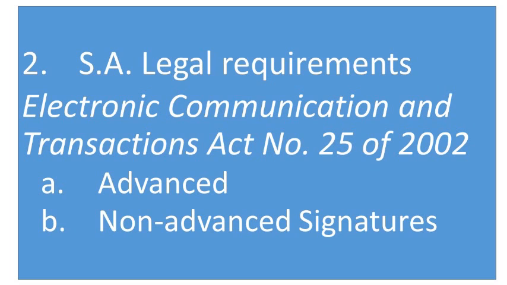The first one is the advanced signature, and these advanced signatures, you get them on the internet, and in fact they are emphasized by companies that want to sell their expensive products. But then you also get a non-advanced signature that is recognized by law and which is not emphasized so much by these companies that want to sell their products.